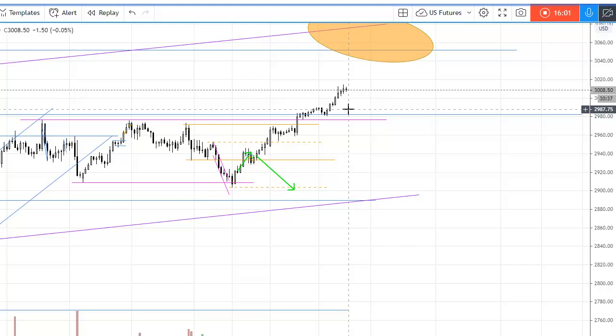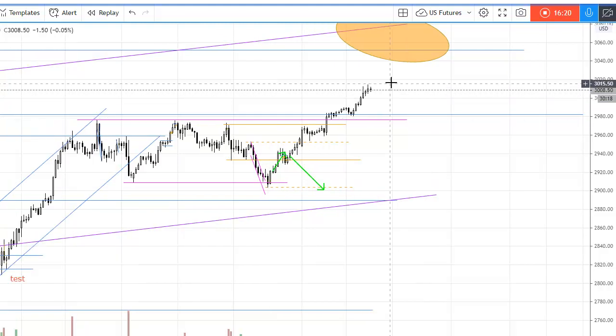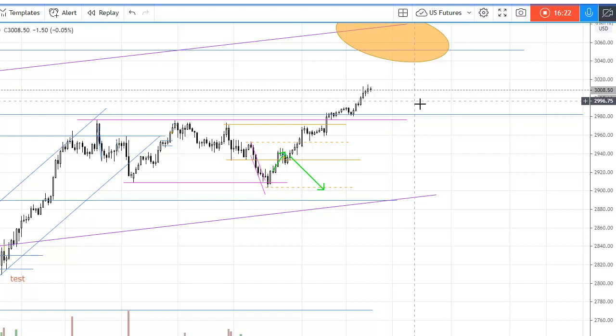What I'm looking for is a pullback or retrace to somewhere around 2980. If there is some kind of bounce up from there, I will consider initiating a long entry. Otherwise, most likely I will just do nothing, because it's kind of in the middle of nowhere.